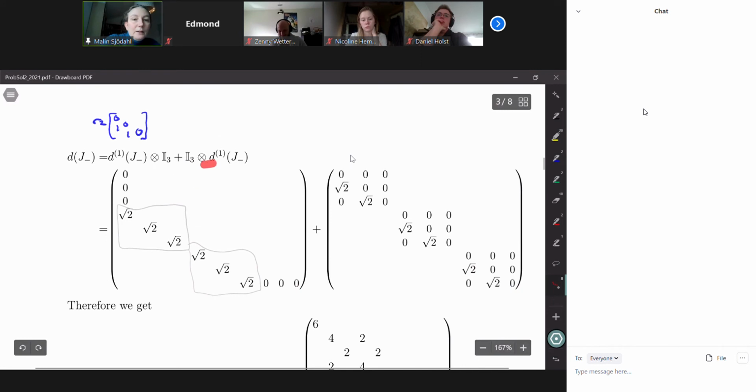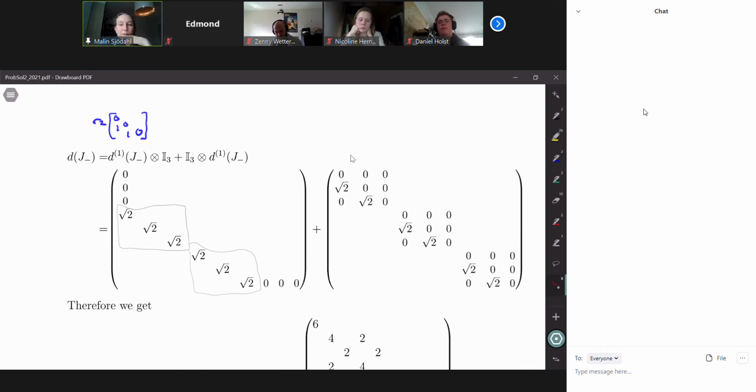However, now we act with the identity on the first representation and with J minus on the second representation. So we have the identity. So we should have this matrix multiplying 1, 1, 1. So we have something here, here, and here. And everywhere we have exactly this matrix. So we have that matrix in the 3 diagonal ones. That is there, there, and there.